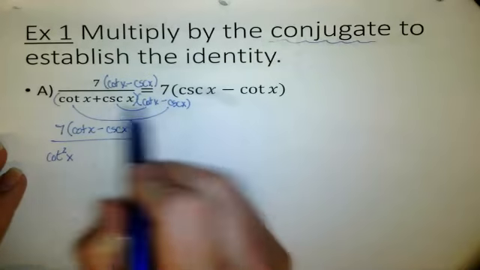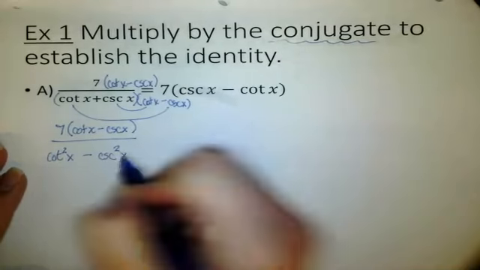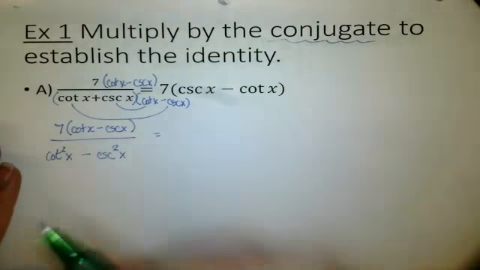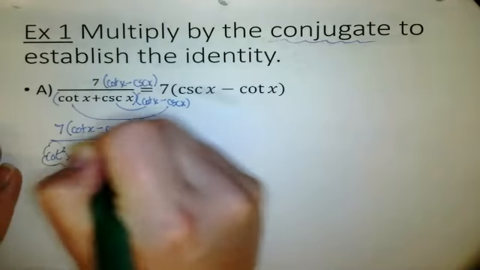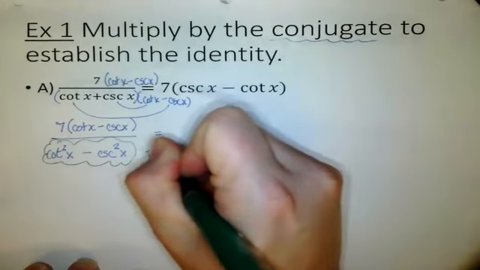And then last times last would be negative cosecant squared of x. And then I'm thinking, hey, I've got things that are being squared. So I'm thinking possibly, is this a Pythagorean identity?